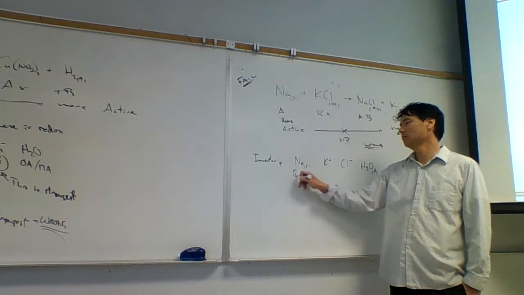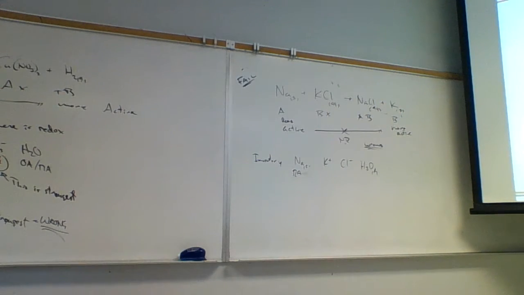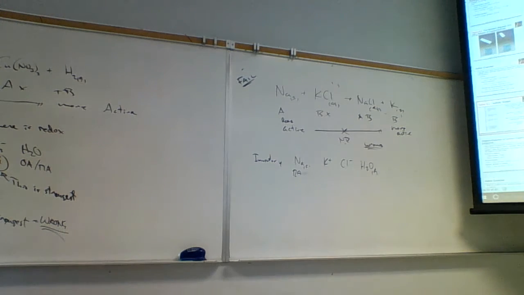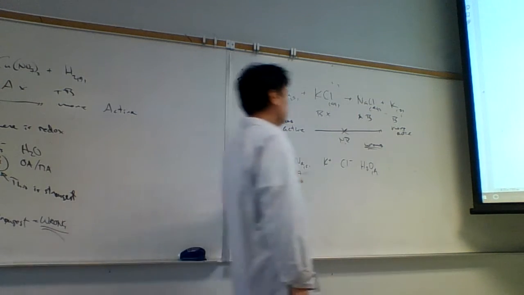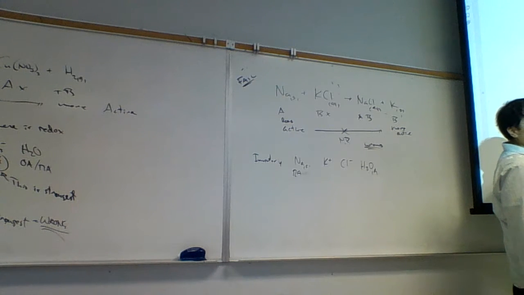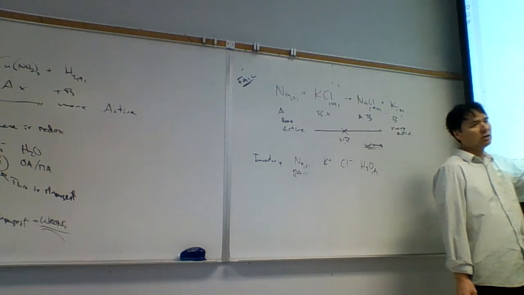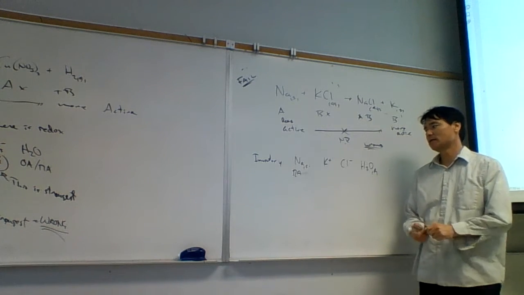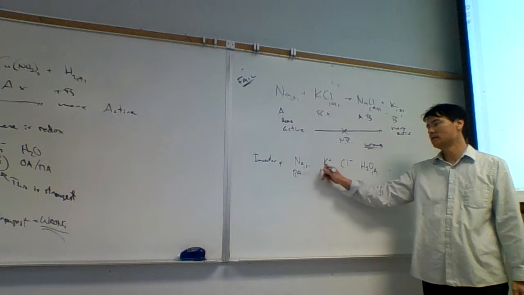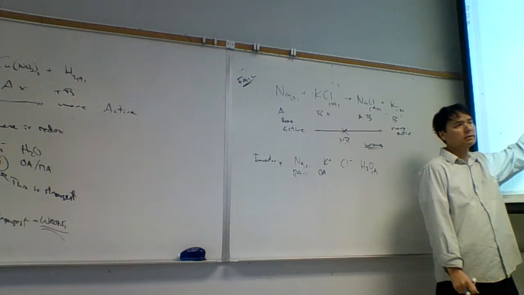I have sodium. I have to go to my other chart, because the reducing agents are going to be on the lithium side of the chart. So sodium is a reducing agent. How about potassium ion? Now, this is potassium metal. Do I have potassium metal or do I have potassium ion? Remember, this is like Dr. Jekyll and Mr. Hyde. I don't have potassium metal, I have potassium ion, which means that this is on the fluorine side, which is oxidizing.